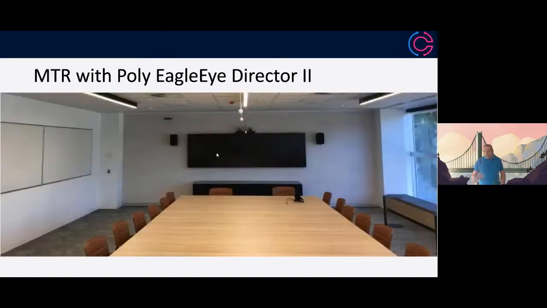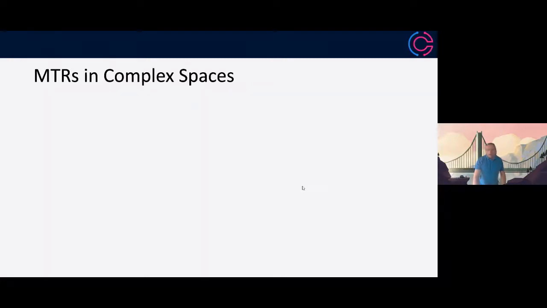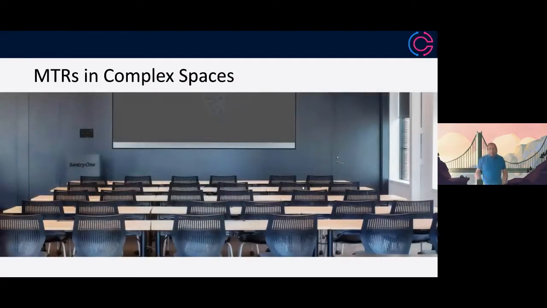Then we have sort of larger rooms. So as you can see here, they've got pendant microphones up there. They've got Eagle Eye Director, and they have some speakers on the wall. So again, very mixed environment of different technologies, different vendors, just giving them the right solution for the room. And even auditoriums. So going up to these large spaces, again, looking at the room control, that single panel on the wall there can control everything.